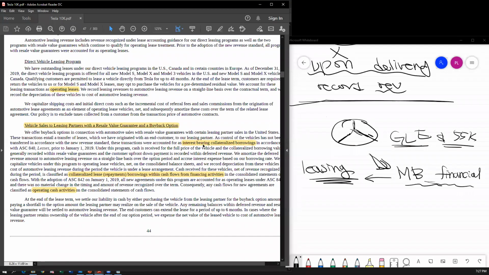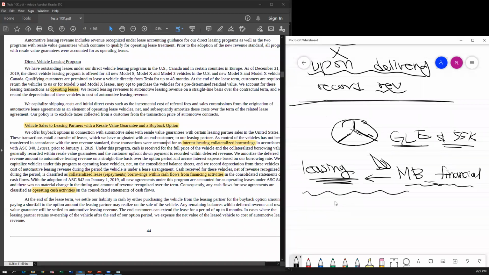Now, it sounds very fancy, but let me just draw what's happening here. So you have Mercedes, and you are selling a car to a leasing partner. Okay, it looks like Mercedes-Benz is selling a car to a leasing partner.